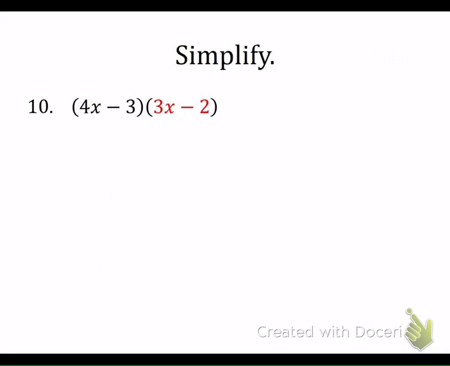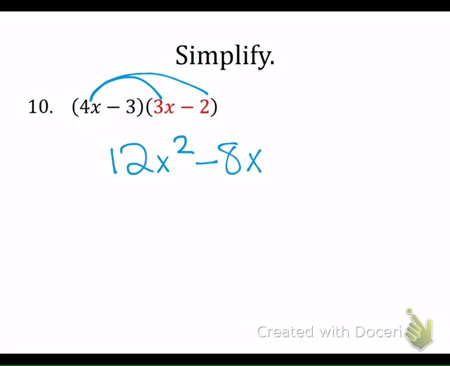All right, here's the next one. I'm not really going to write out what I'm multiplying like the first step on the last one. I'm just going to do it out loud. I'm going to do 4x times 3x, which is 12x squared. Then 4x times a negative 2, which is a minus 8x. That's the first distribute, but remember this is a double distribute.